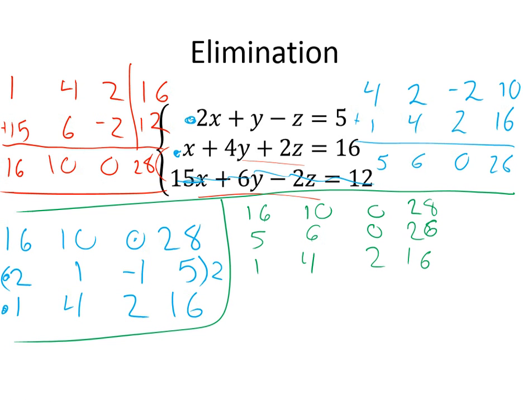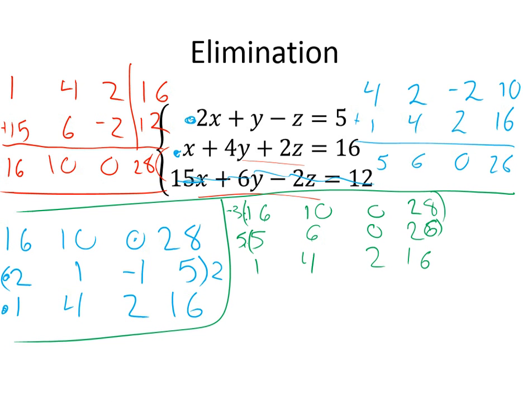All right. So now we've got to eliminate either the y's or the x's of these top two because we have a 0 there. And so I'm going to try to eliminate the y's. What I have to do is multiply the top one by a negative 3 and the bottom one by a 5.